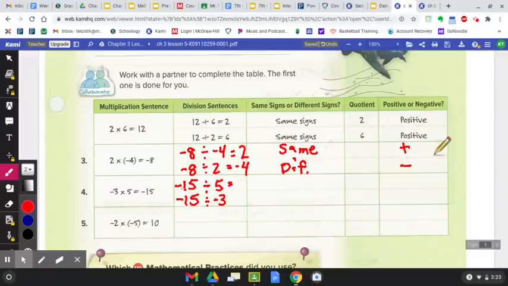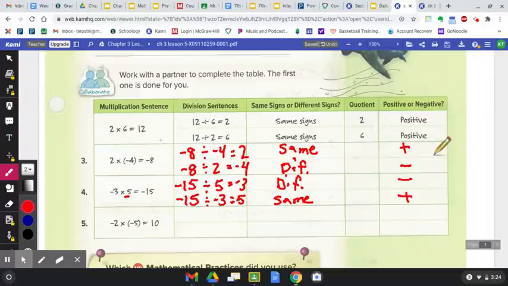Negative 15 divided by 5 should equal negative 3. Notice when I'm dividing a negative by a positive, they have different signs, and it results in a negative. Here I have negative 15 divided by negative 3. That should equal positive 5. Again, we had same signs, negative and negative, and my result was a positive.